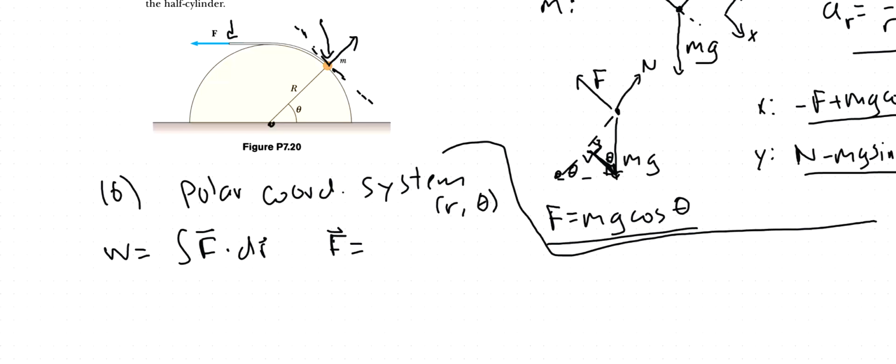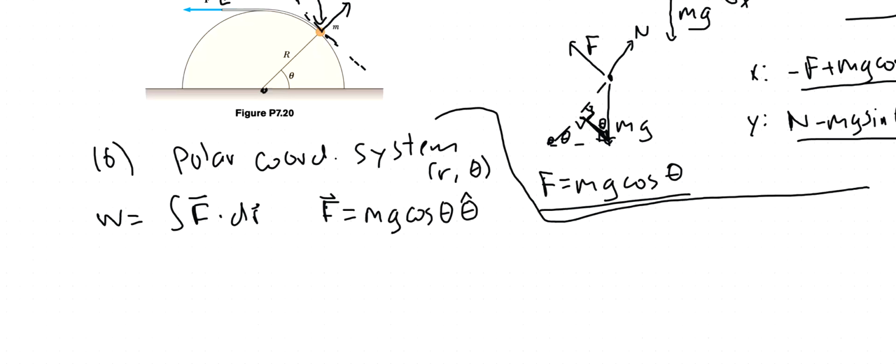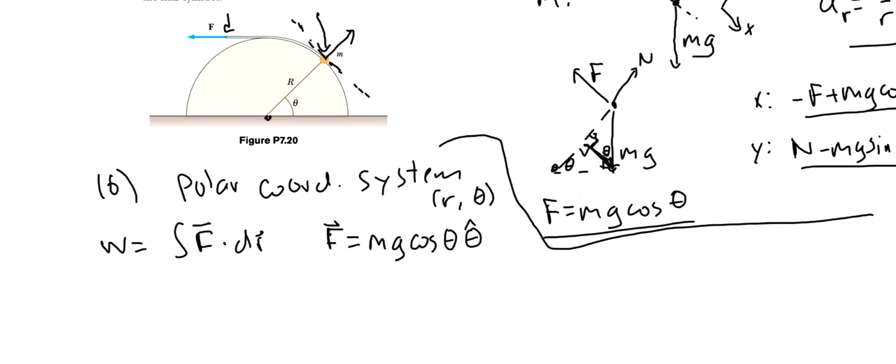That's my polar coordinate system that I'm going to use. So if I want to write F in vector form in the polar coordinate system, I can write it as cosine theta and the unit vector in the theta direction. So basically at any theta, it's pointing in the theta direction.